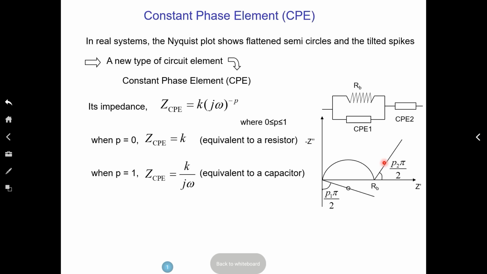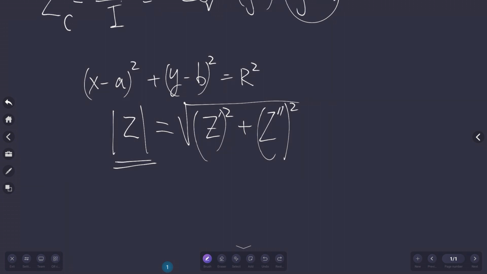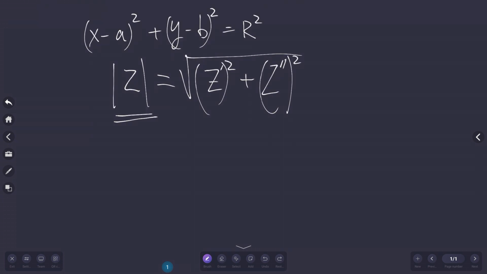For your oxygen fuel cell, oxygen sensor, oxygen pump, for those kinds of applications, you have your YSZ, yttria-stabilized zirconia, which is an electrolyte.